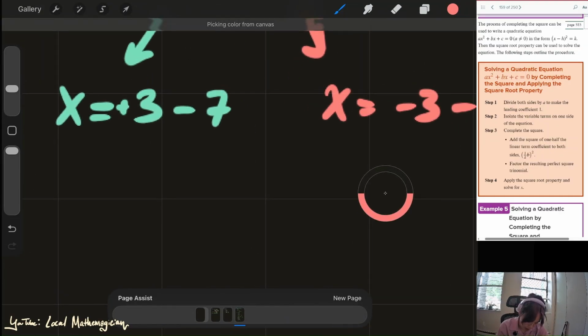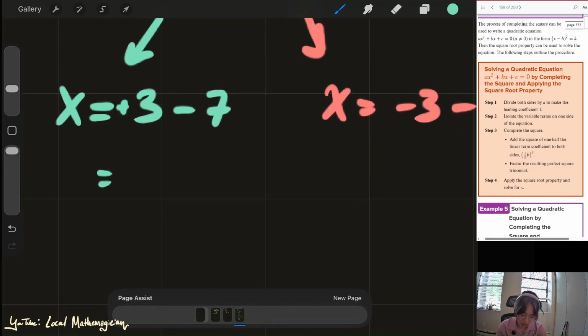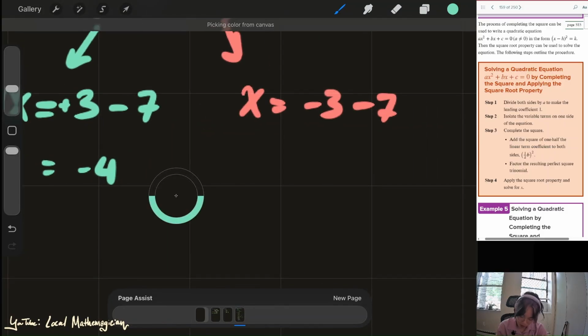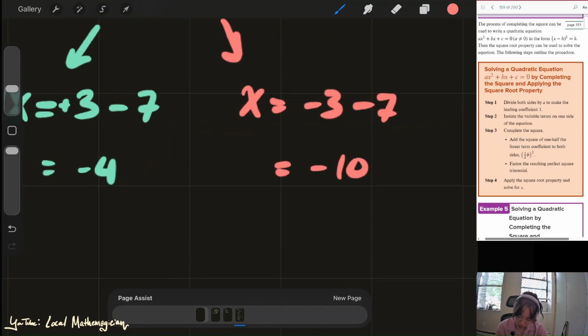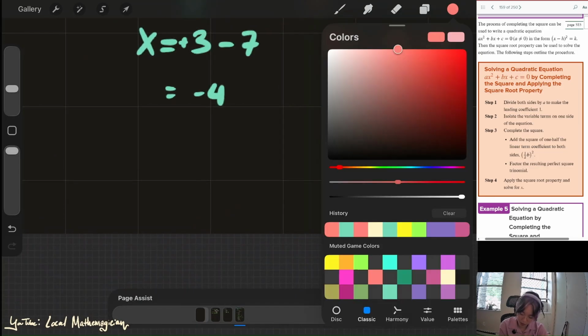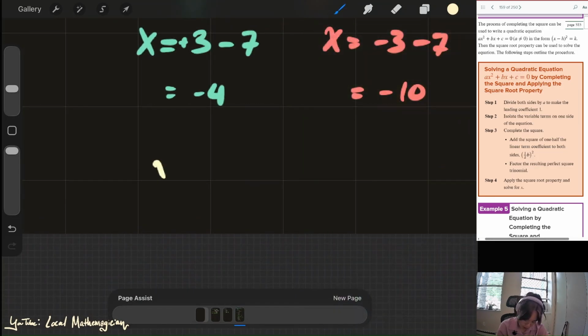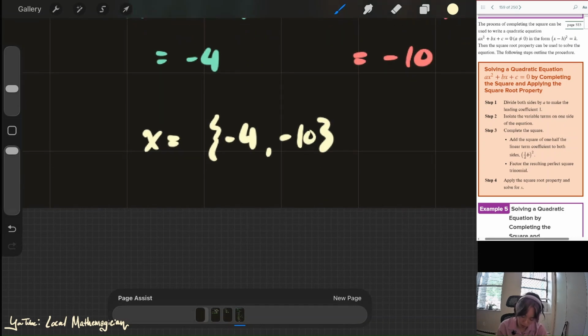And if you simplify this down, positive 3 minus 7 is negative 4. Negative 3 minus 7 is negative 10. So your solutions are x is equal to negative 4 or negative 10, just like that, right?